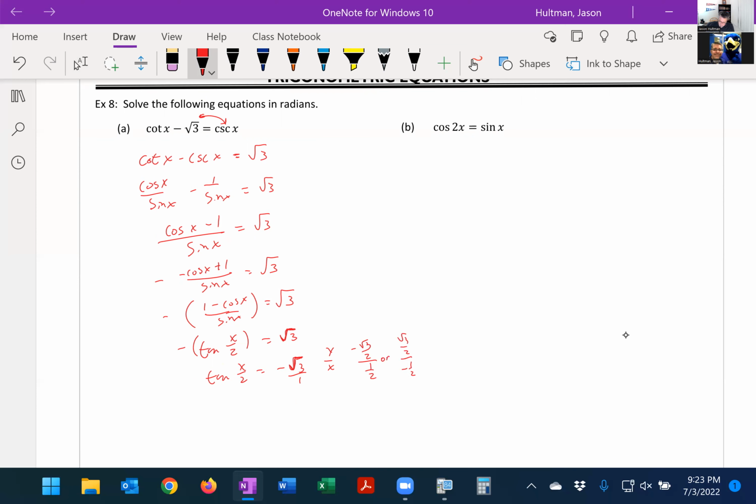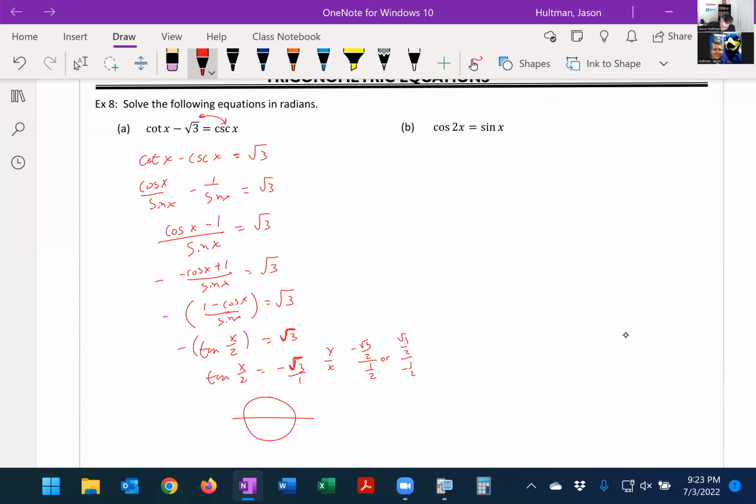So those tangent values are going to be located, let's look at the unit circle real quick. So this is going to be a negative y and a positive x.